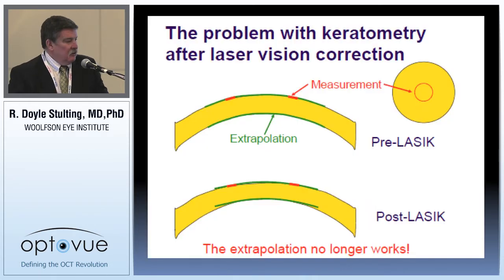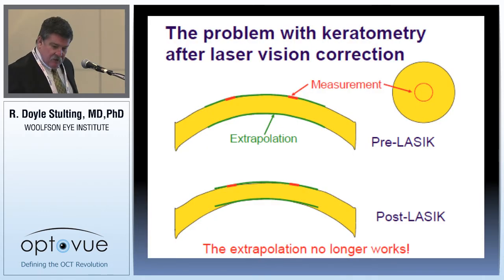So to summarize what I've said, this illustration here talks about measurement of the anterior corneal power, here with a traditional keratometer with a green light, in the world of topography, with extrapolation of the posterior surface.